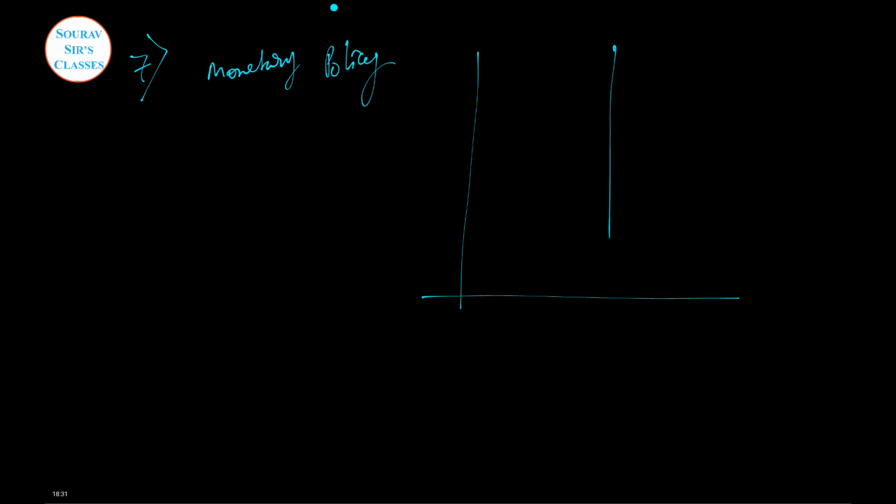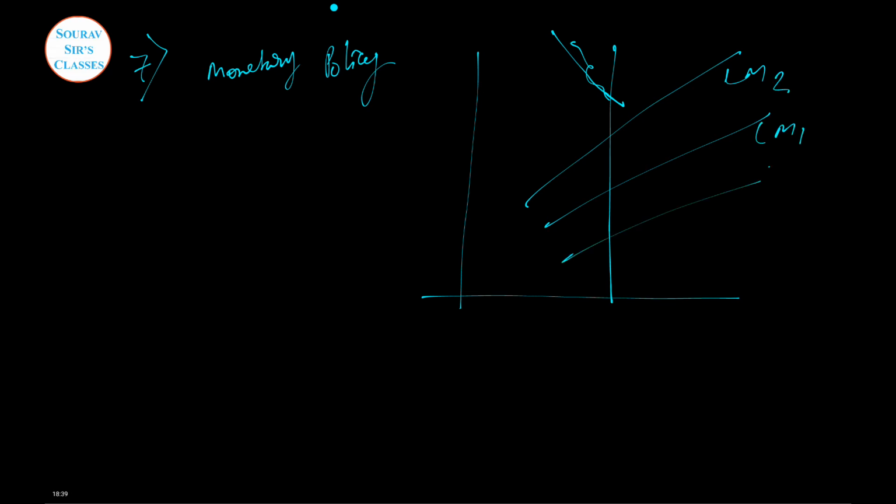Where the IS curve was vertical and this is your LM curve. So if you keep on increasing LM1, LM2, or if you reduce, whatever you do, like this, in this case you can see that the IS curve is vertical and there is nothing happening.